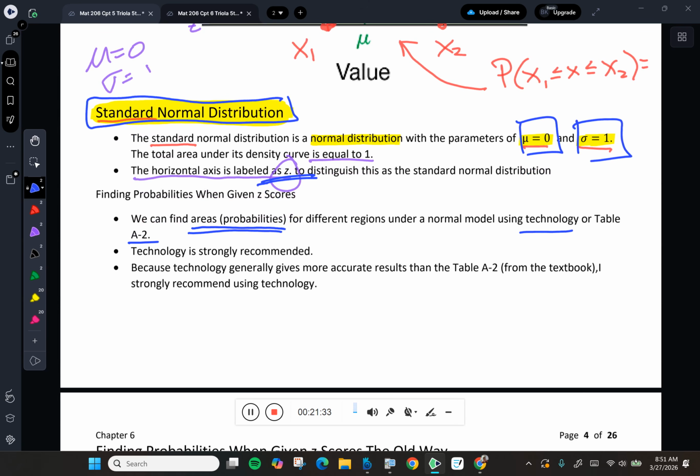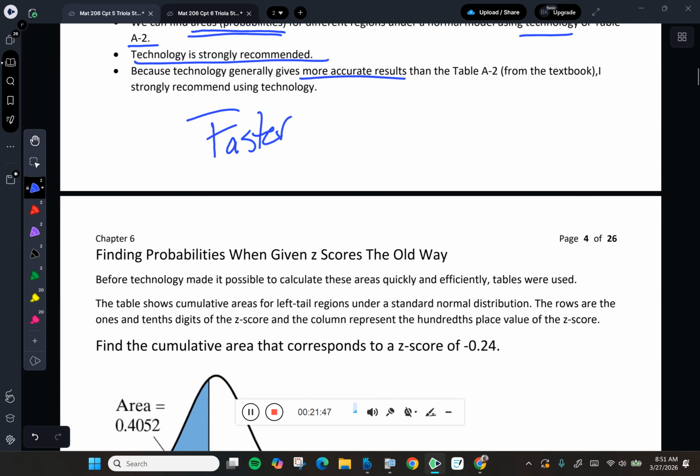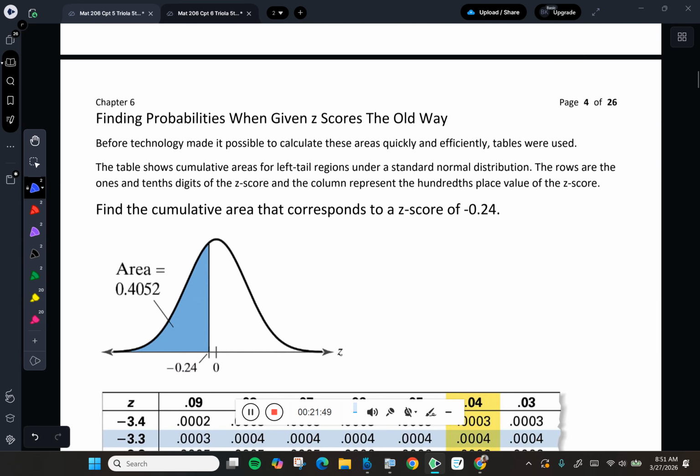I'll show you both ways. Technology is strongly recommended. We recommend technology because it gives a more accurate result, and it's also faster. So I will show you how this works the old way with tables first, and then we'll go to technology, and then we'll end this video there and start up a next video.